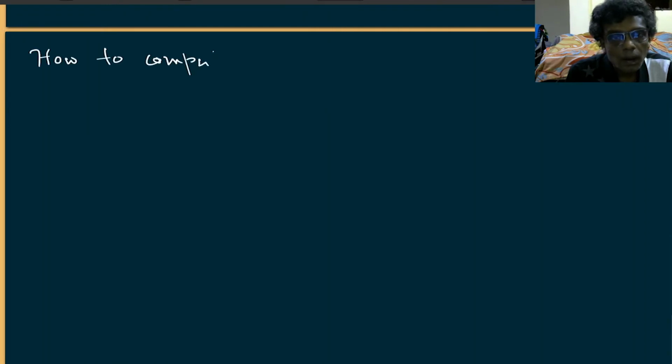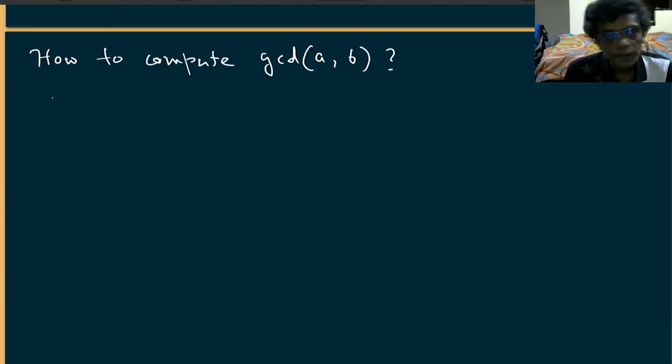Okay. So we will see a couple of notes on Euclidean division and GCDs. So the question is how to compute the GCD of A and B in a reasonably efficient manner.